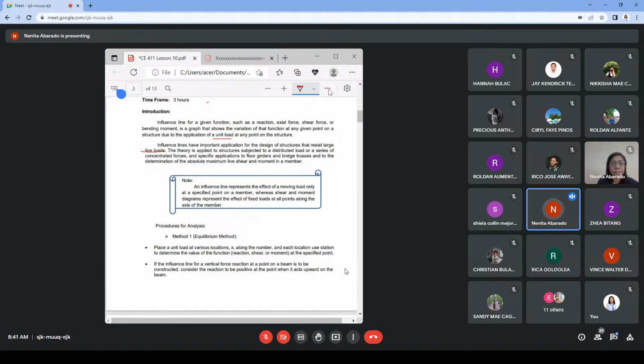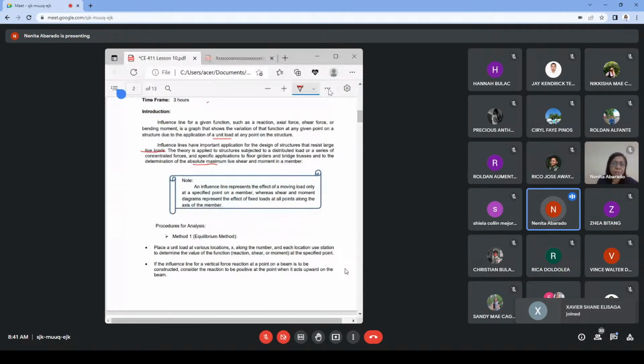And specific applications to floor girders and bridge traffic, and to the determination of the absolute maximum live shear and moment in a member. We will try to finish it before the end of the period. So to note, an influence line represents the effect of a moving load only at a specified point on a member, whereas the shear and moment diagrams represent the effect of fixed loads and at all points along the axis of the member.